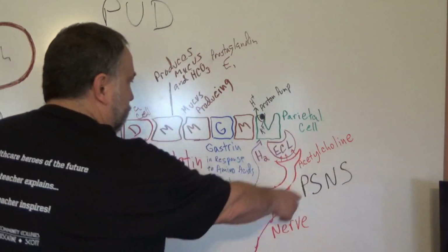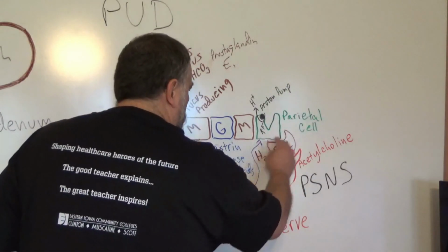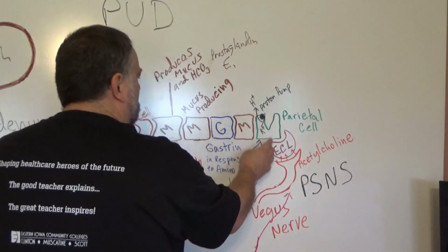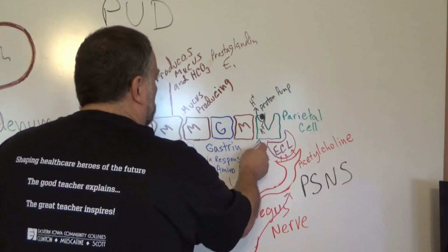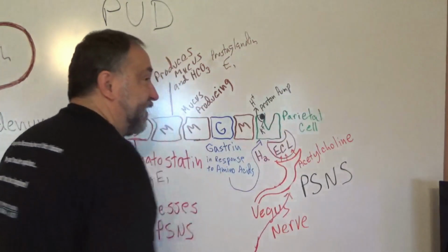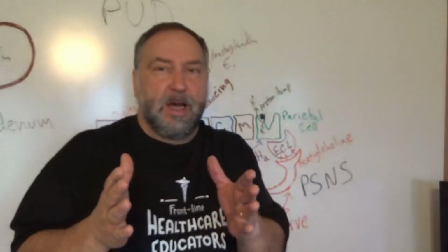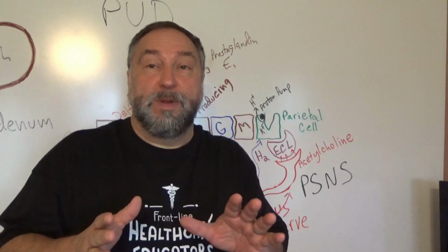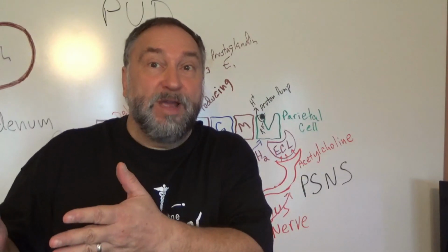So you're going to get the release of this acetylcholine here to stimulate this stuff, and you're going to end up with the histamine out here stimulating the proton pump. You're going to have acid in there, but the circulation to the stomach is going to be detoured away from the stomach, right?